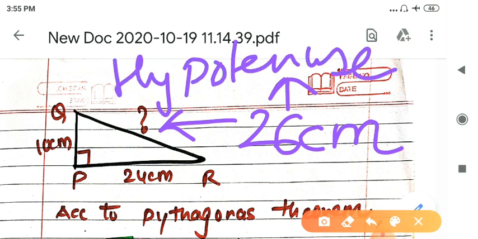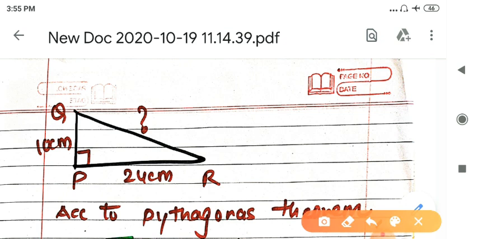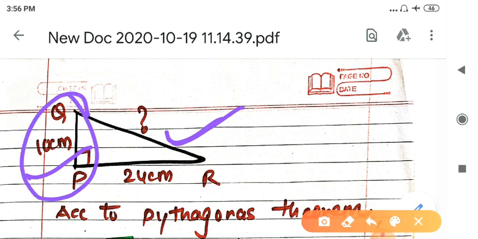So likewise, using the Pythagoras theorem, you can find out the longest side. Even the base and perpendicular can be found from the 3 sides. Questions are asked in this way: any 2 sides will be given and you have to find out any one side. If you have to find the hypotenuse, you take the square of perpendicular plus the square of base.